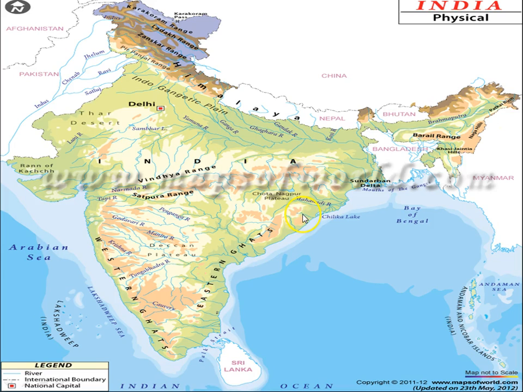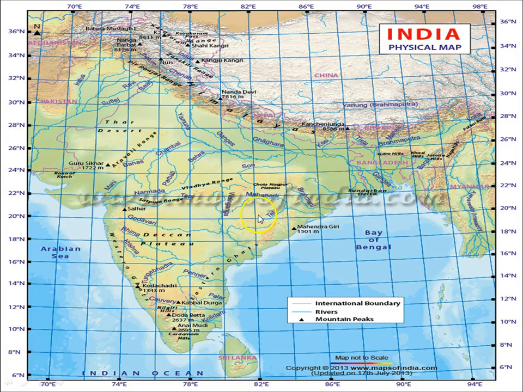I am using the map quite often because I want you guys to understand it absolutely clearly that from this part to here, from the northern bit, it is 3,200 kilometers, and from this part to this part it is 2,900 kilometers. A 200 kilometer difference is not that much when we are talking in thousands. So generally speaking, you can say that in a bigger context it is nearly equal if you are traveling on a straight line, from north to south, or from east to west, right.